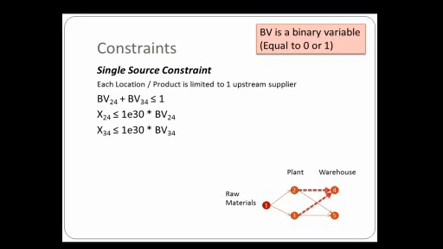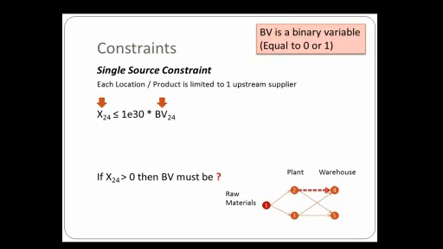And here's what the equation for that would look like. The first one would be, I'm trying to set up the binary variable going from 2 to 4. It would be 0 if no material goes from 2 to 4. It would be 1 if material did flow from 2 to 4. And so this is a constraint that I would look at. If the amount that's going from 2 to 4 is greater than 0, what would the binary variable be?